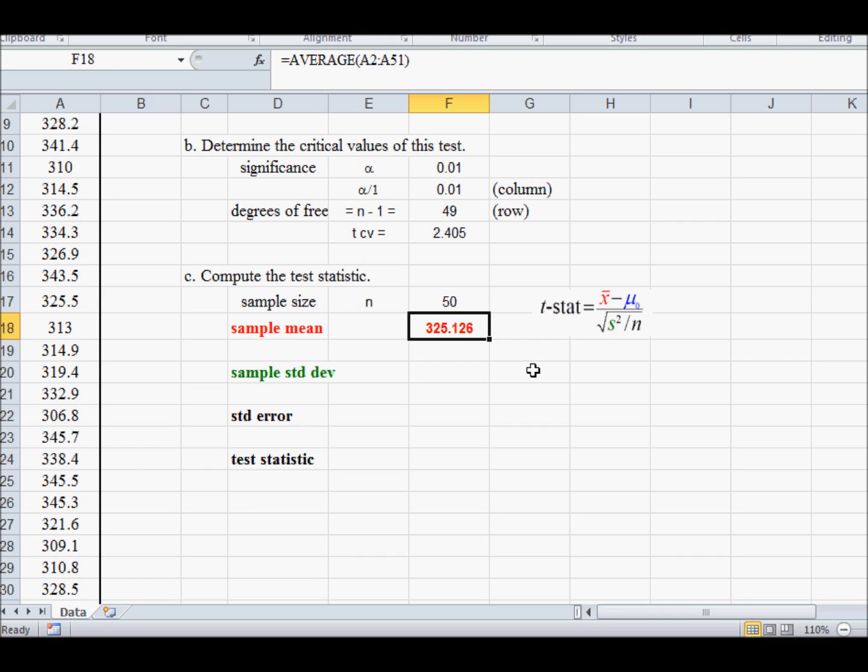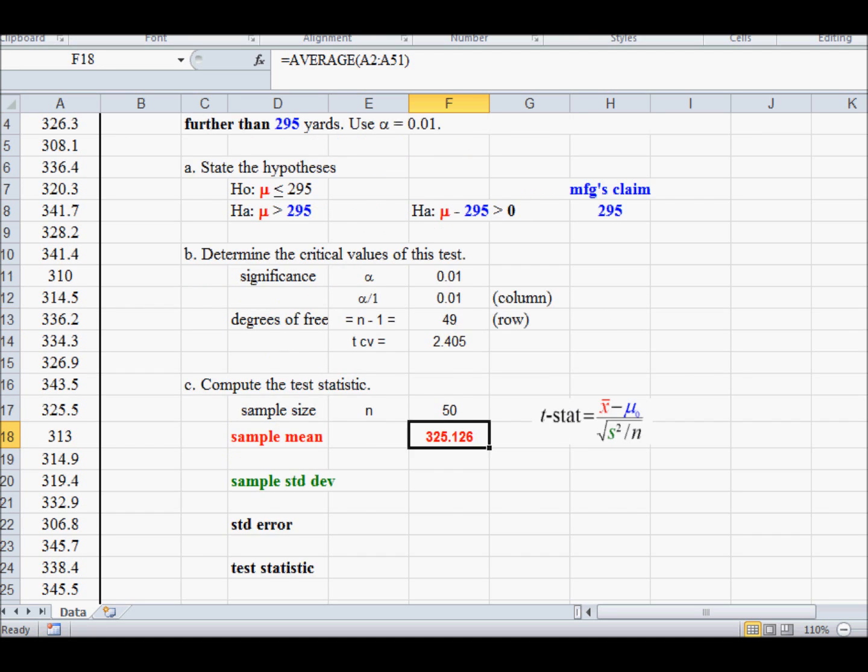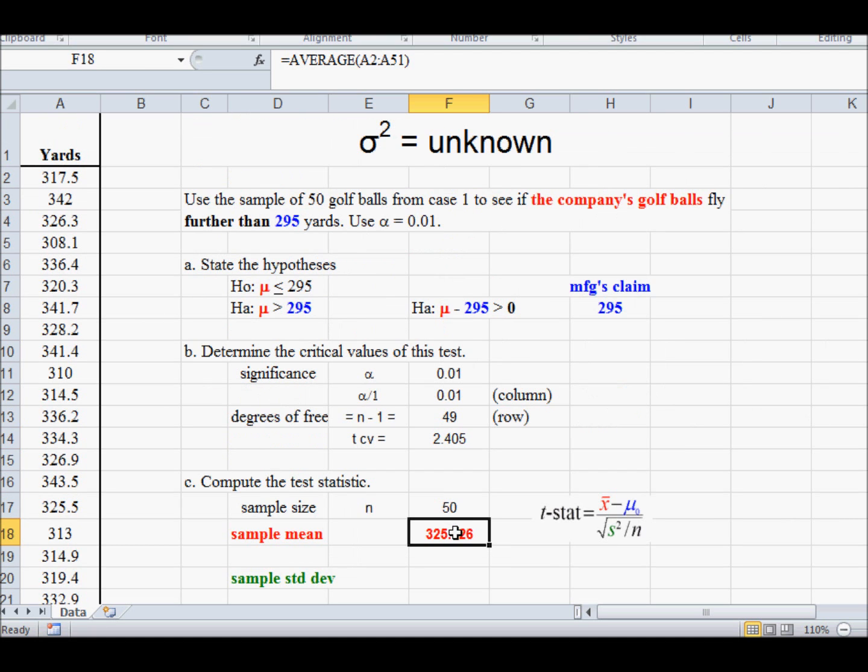So all of us are going to have different sample means because we all have different samples of size 50. So remember, the sample mean is the point estimate of the thing that we cannot know, the population mean, which is why the sample mean and the population mean are all in red. Okay? So the sample mean is the point estimator of the population mean.